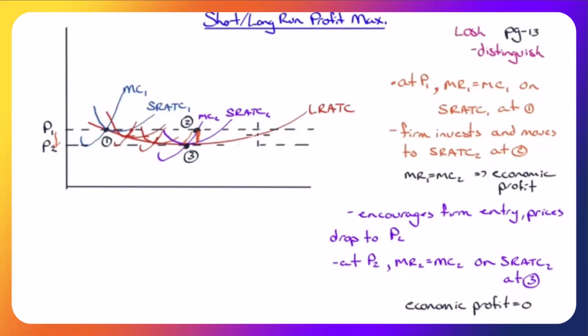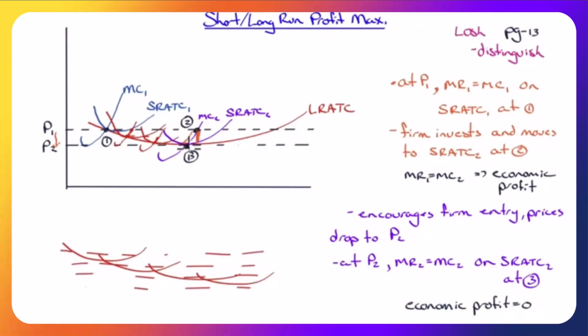So the long run average total cost curve is drawn out from a series, as we've seen, a series of short-term curves where prices will continue to drop until we get to a point where any further investment cannot possibly help our average total cost curve situation. We're at a minimum, a long-run average total cost minimum, and we've settled at a price that results in economic profit being equal to 0.